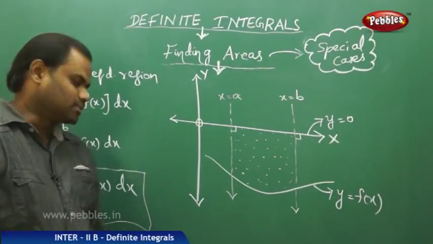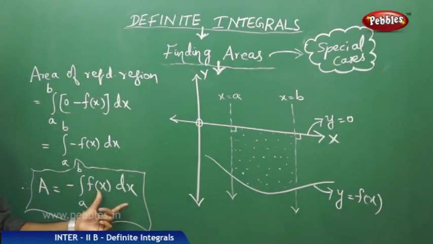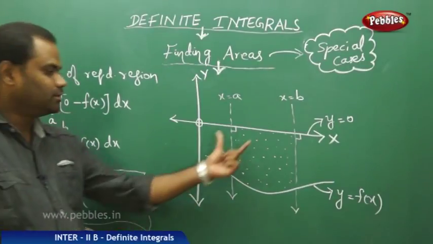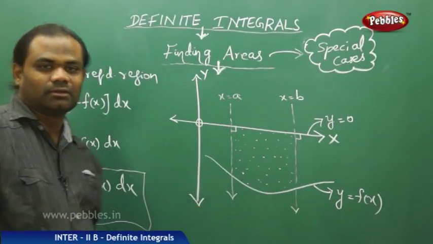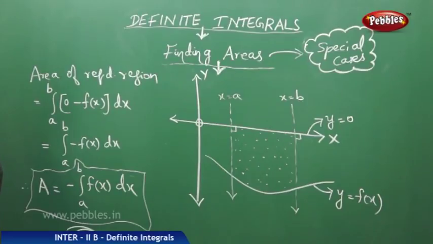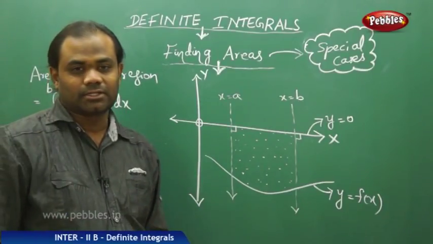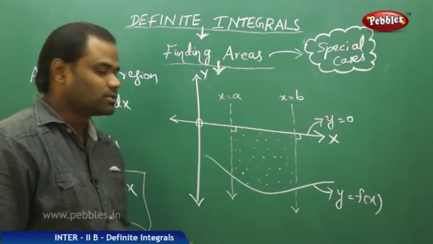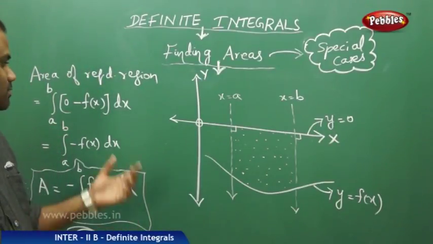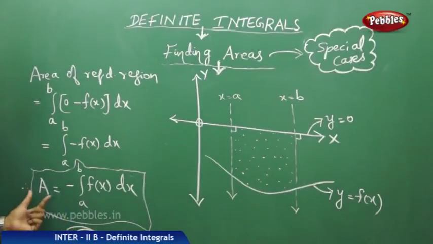The integral reduces to a negative value, and the negative sign indicates only the direction of the curve, but the area is always positive. So this is how we identify the cases using the general formula, and in this case, the area of the required region is minus the integral from a to b of f of x dx.